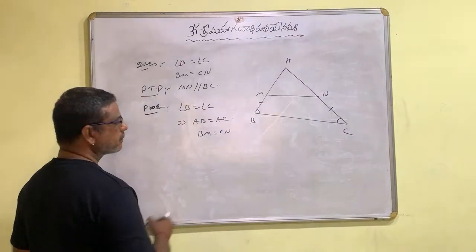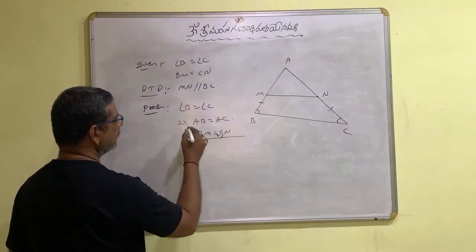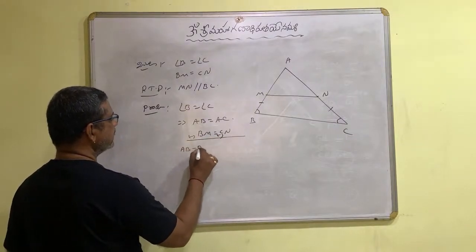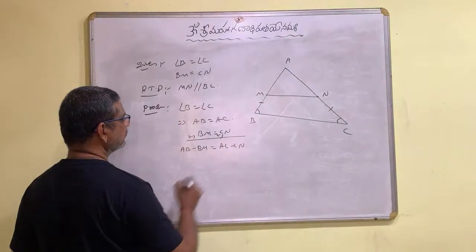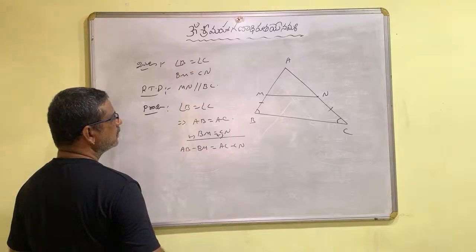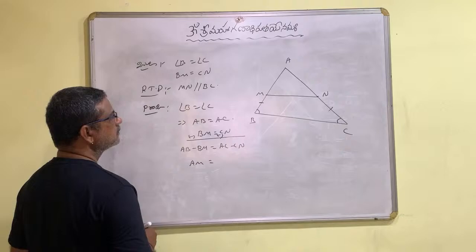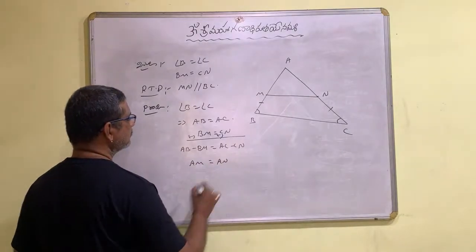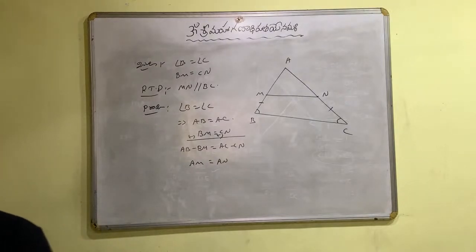Now subtract both equations. What will we get? AB minus BM is equal to AC minus CN. AB minus BM is nothing but AM, and AC minus CN is AN. Equals are subtracted from equals, the remainders are equal. AM is equal to AN.